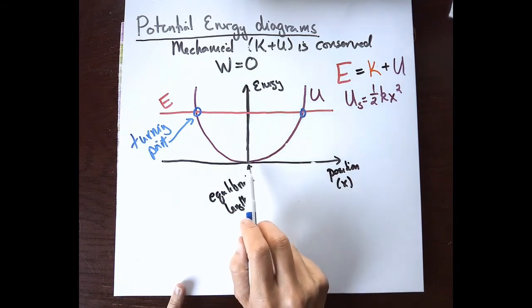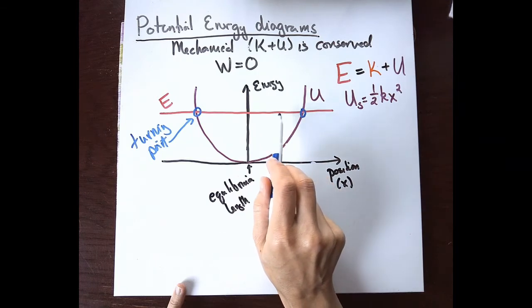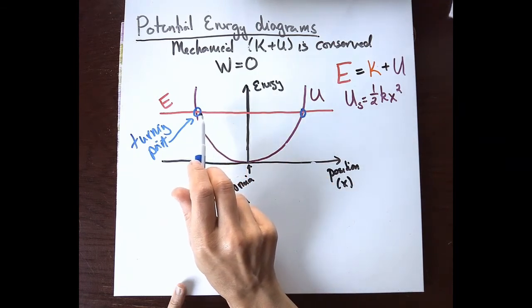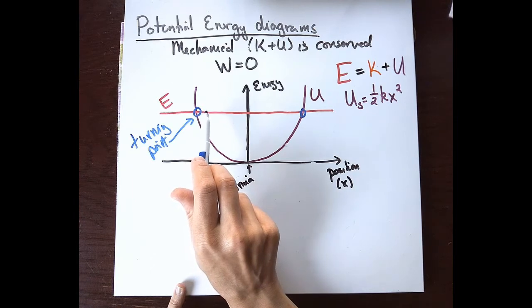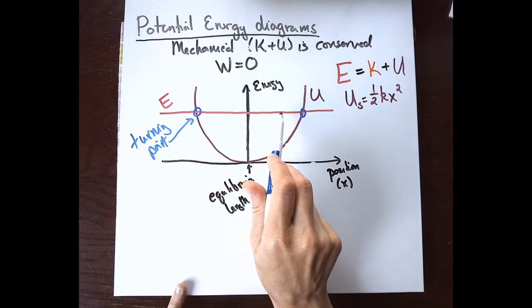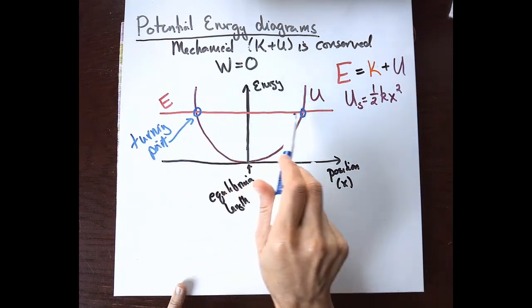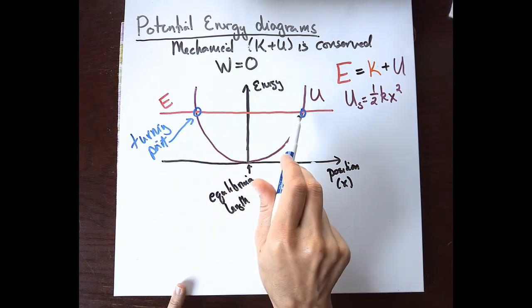Right here, it doesn't have any potential energy, but it does have kinetic energy. It keeps moving backwards, stretches, but slows down, hits this turning point, and the spring is compressed as far as it can go, and so it starts moving back to equilibrium, overshoots, stretches, hits this, turns around, comes back, and that's what the spring is doing. It's bouncing back and forth between this point and that point.